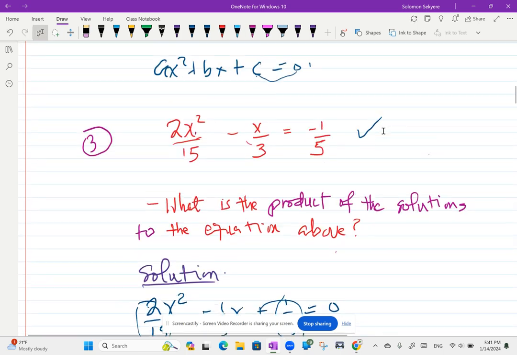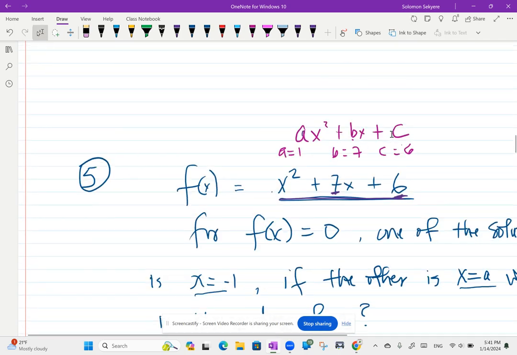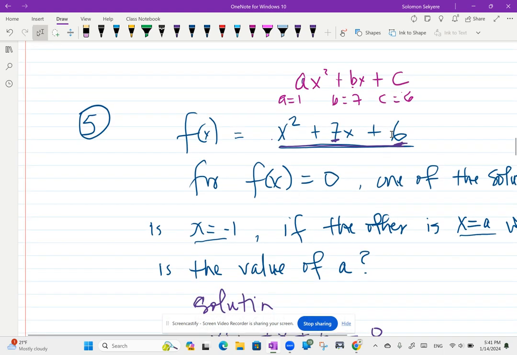Now let's jump to something else. What if you are given f of x equals x squared plus 7x plus 6? I know my a is 1, b is 7, and c is 6. I know all my a, b, and c, so I can find the zeros here.